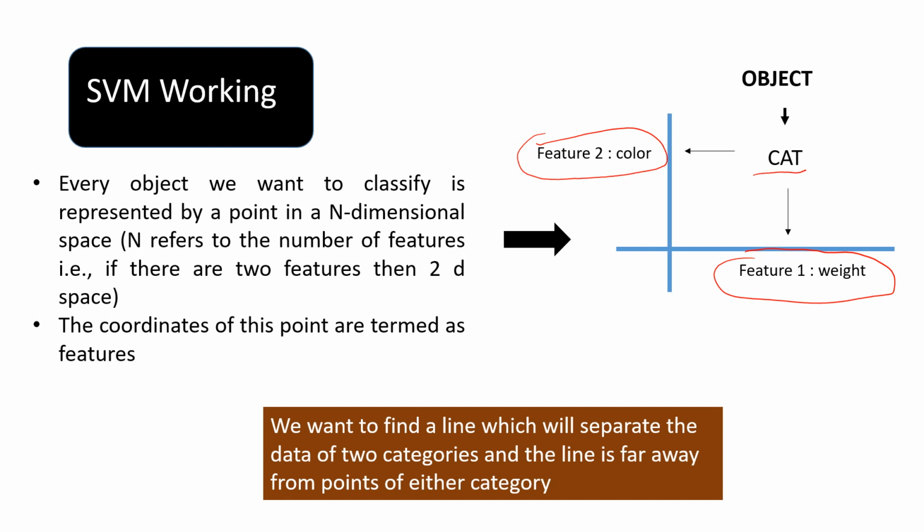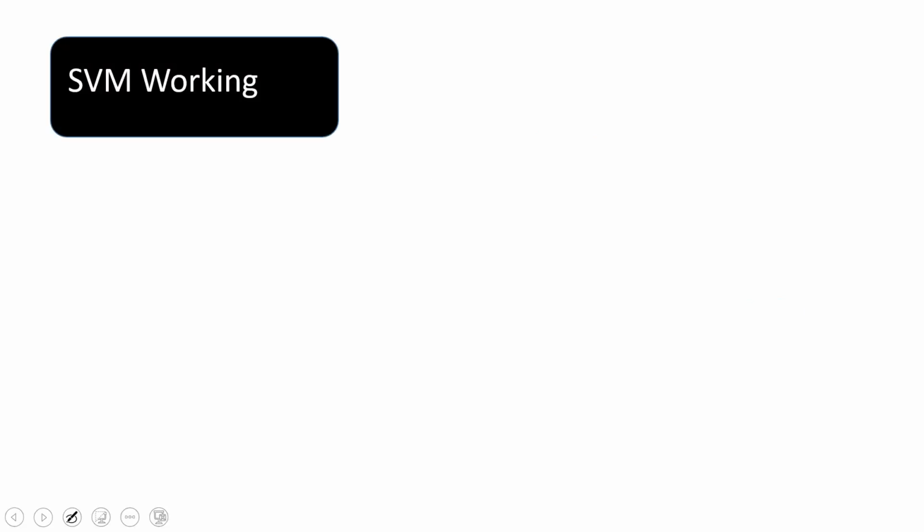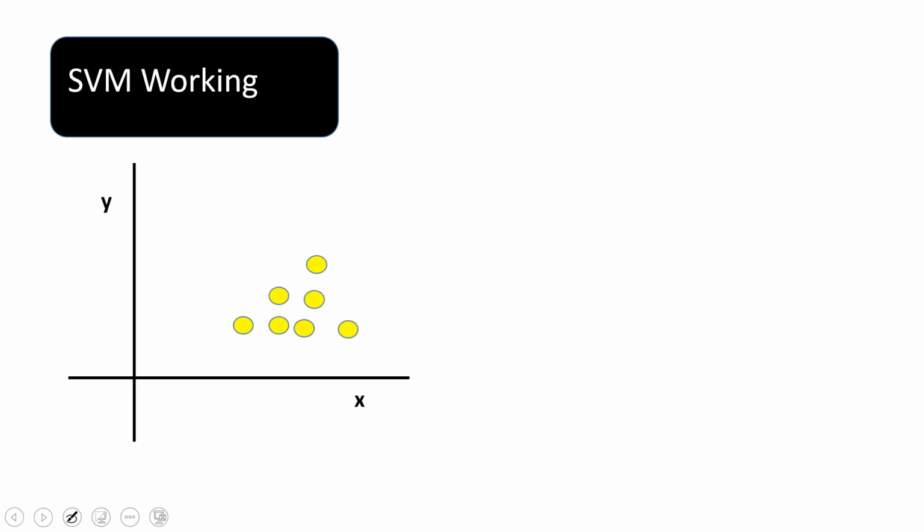So what does SVM perform here? We want to find a line which will separate the data of two categories, and the line is far away from points of either category. What this line actually means, I will explain while talking about the SVM mechanism. Suppose we have these feature points available to us.